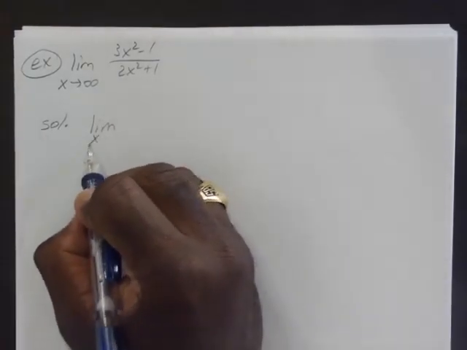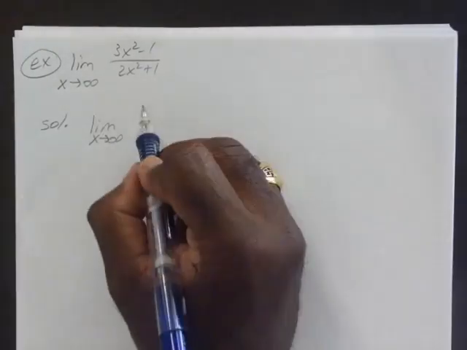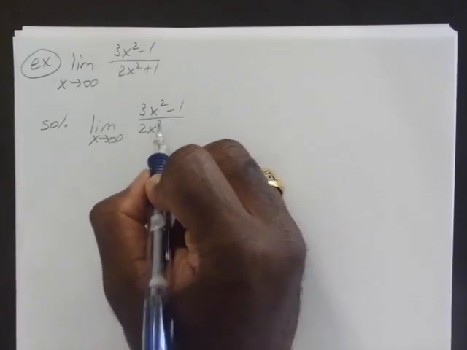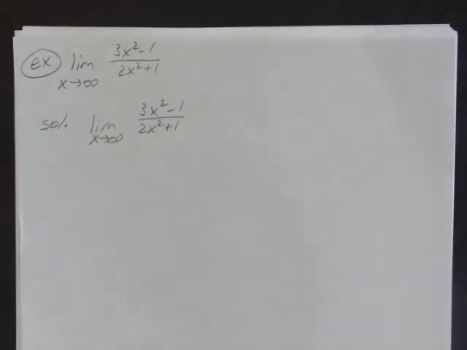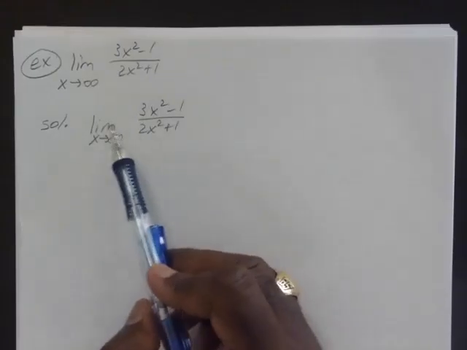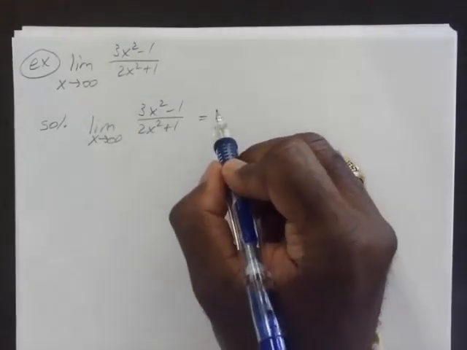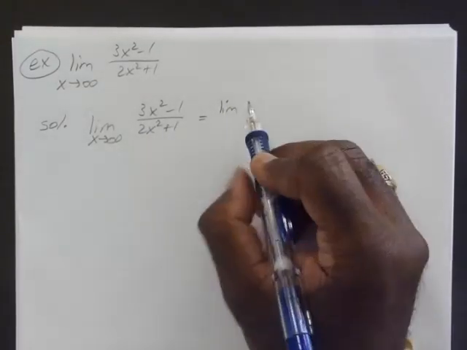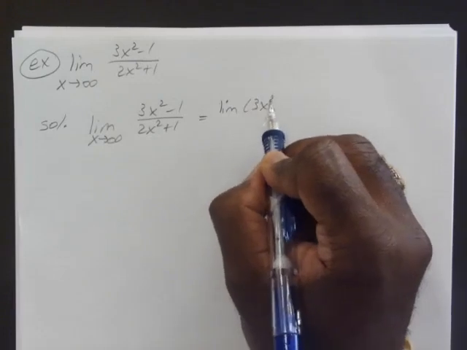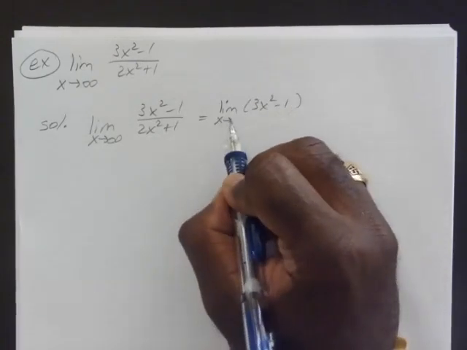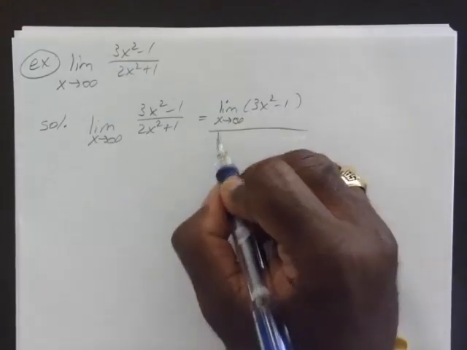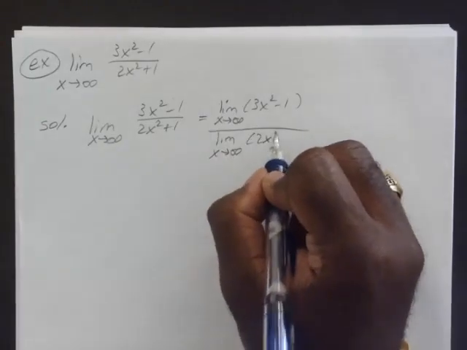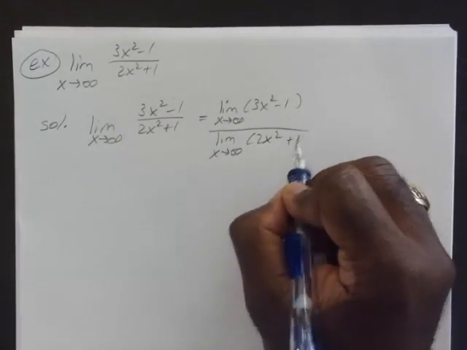Okay, so if we see our limit as x approaches infinity of 3x squared minus 1 divided by 2x squared plus 1, we go to just our numerator, and you don't have to write this out, you can just apply it, but I'll write it out. 3x squared minus 1 as x approaches infinity divided by the limit of 2x squared plus 1.